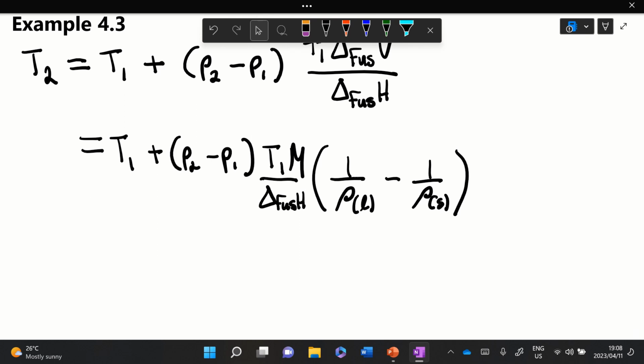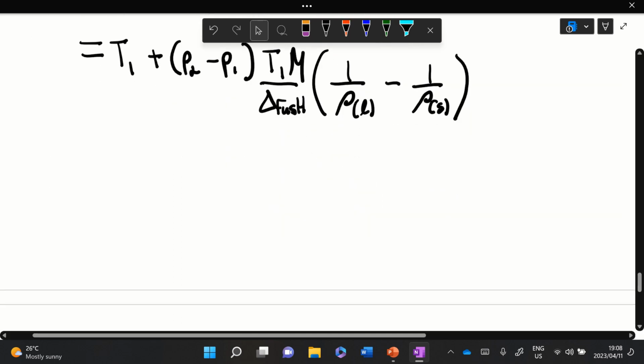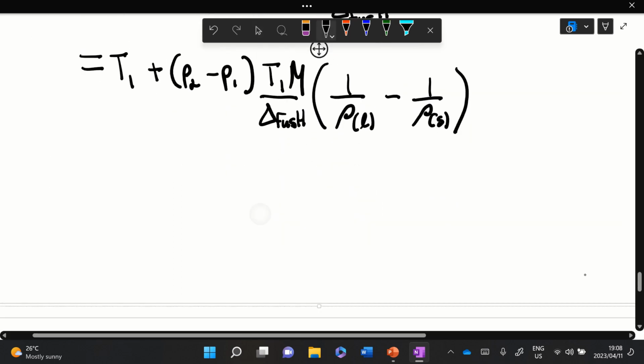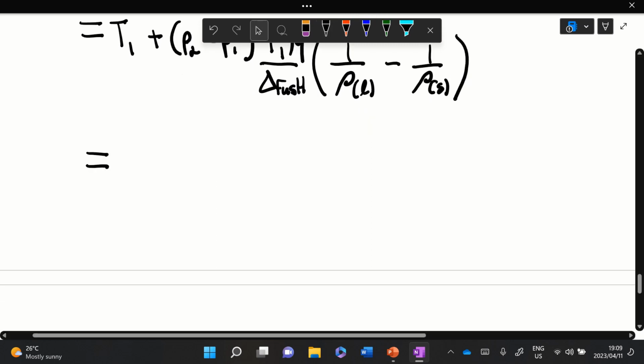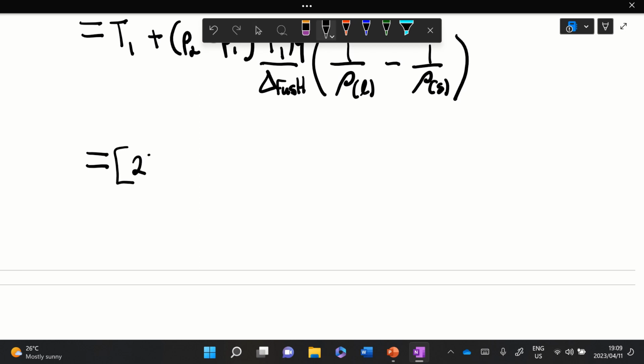Okay, so then we just have to plug in our values. T1 is the normal melting point for water, which is of course 0 degrees Celsius, so that's 273.15 Kelvin. That's something we assume you know.